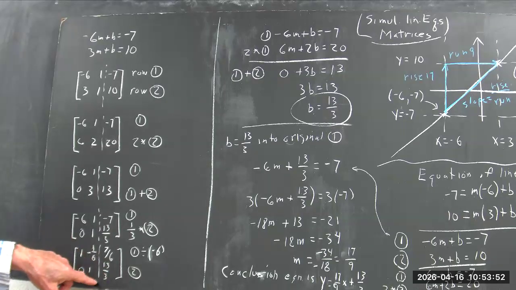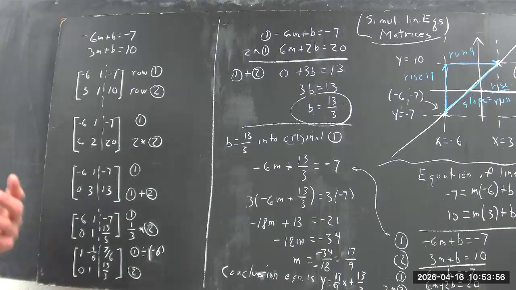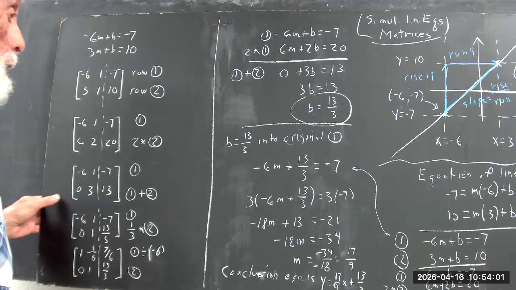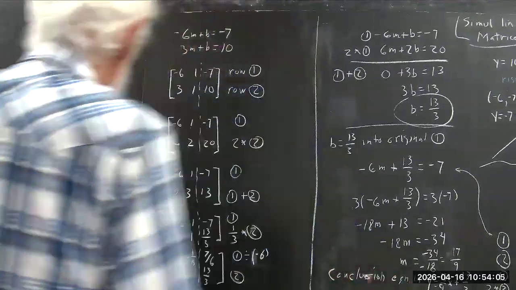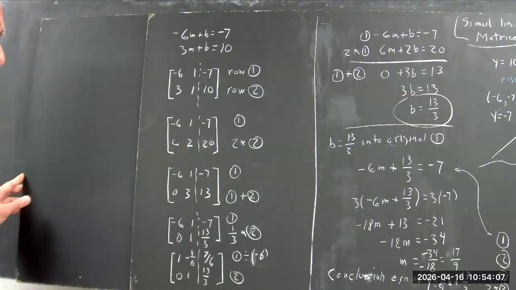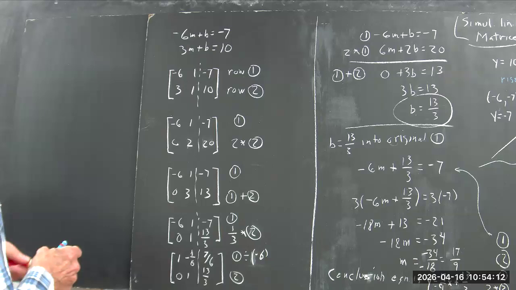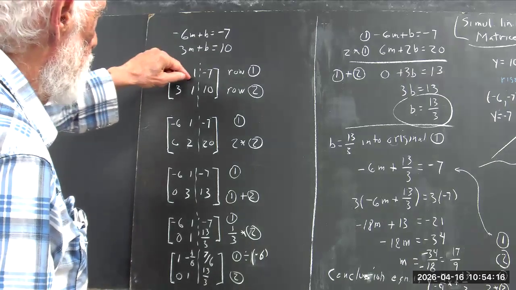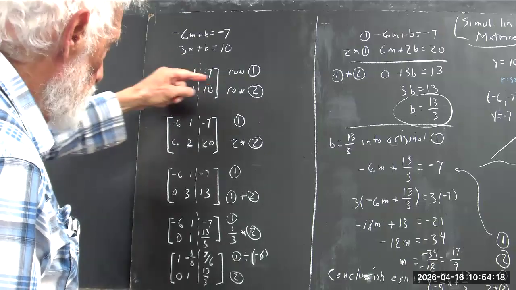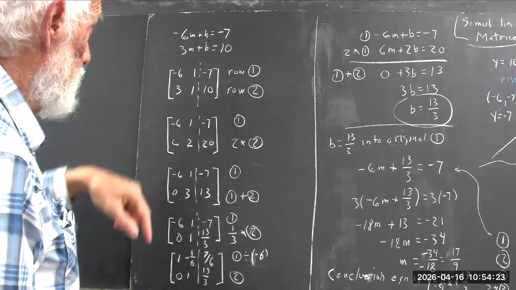Now, what do I have? I have a matrix that still represents a set of equations equivalent to the one I started with. Let's be clear about what that means. First of all, the row negative 6, 1, negative 7 in row 1 represents the equation negative 6m plus b equals negative 7.